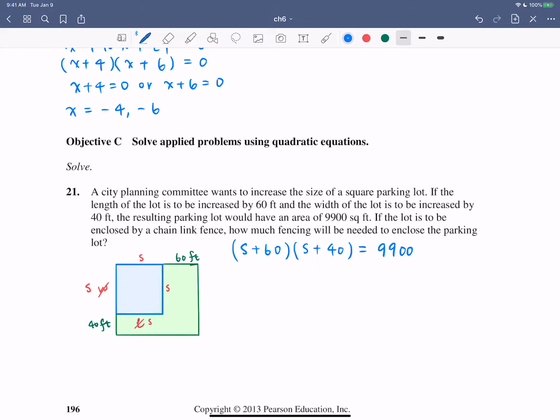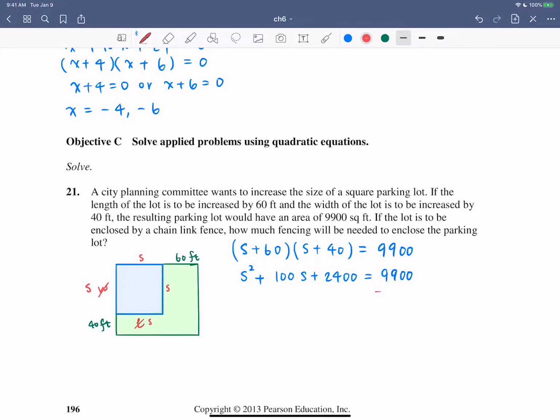Now let's simplify this equation and put it in the general form ax squared plus bx plus c equals 0. Distribute on the left hand side, you will get s squared plus 100s plus 2400 equals 9900.